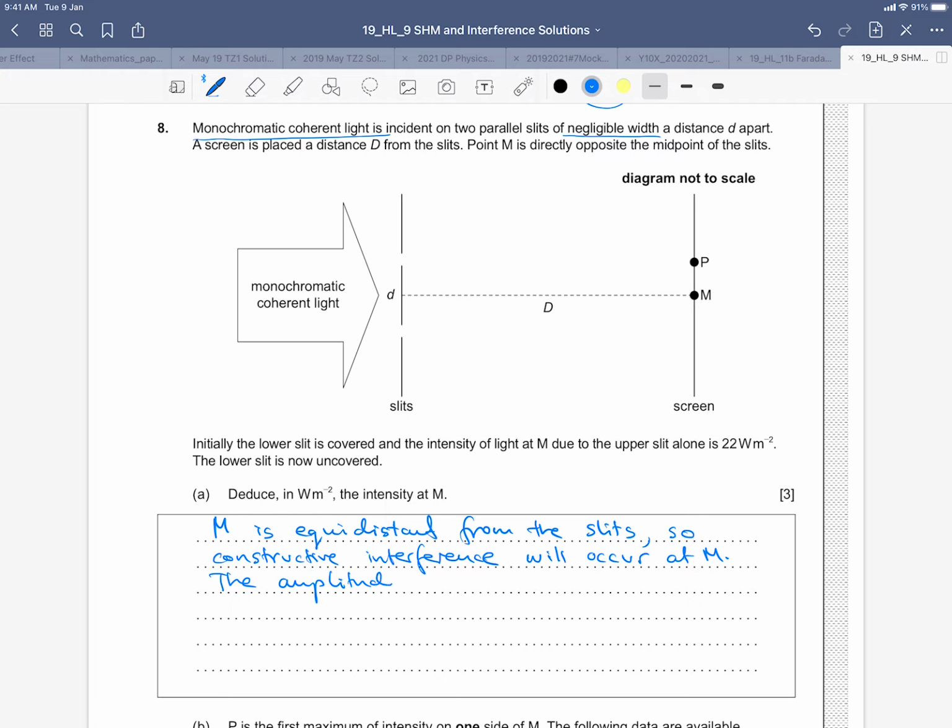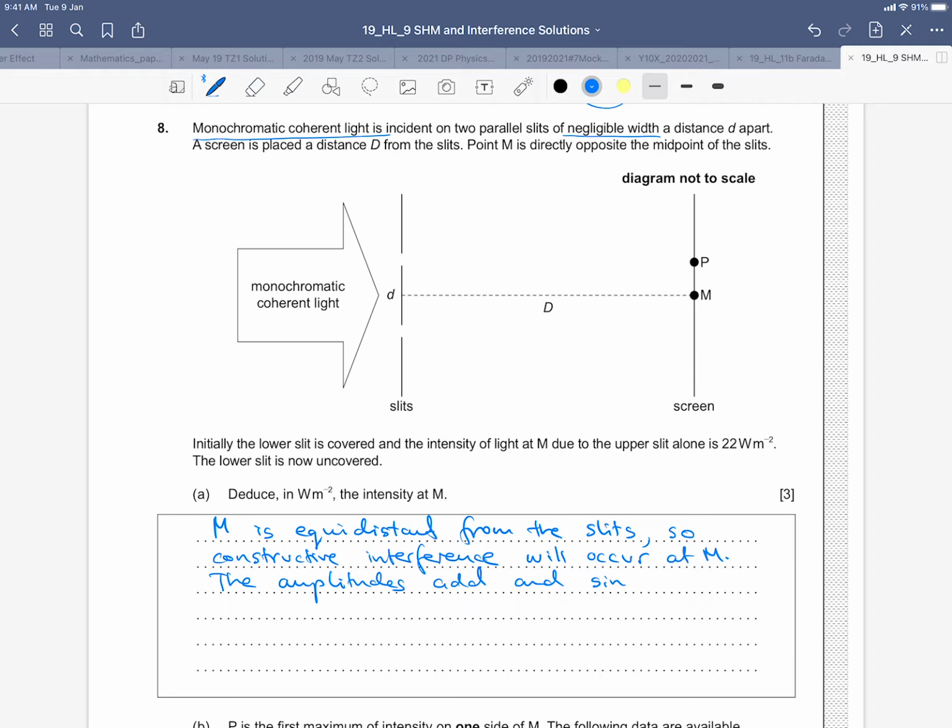The amplitudes add, and we know, of course, it's the same light source that is producing light coming out of the 2 slits, so they have the same amplitude, and when those amplitudes add, we're going to get double the amplitude.